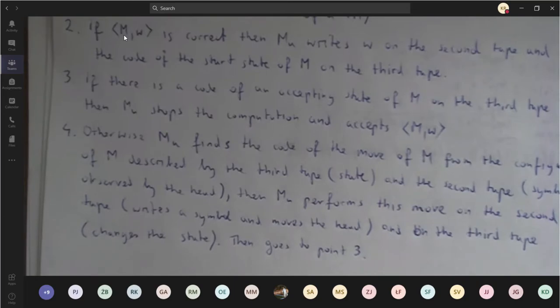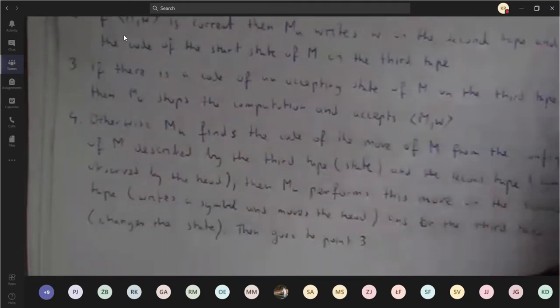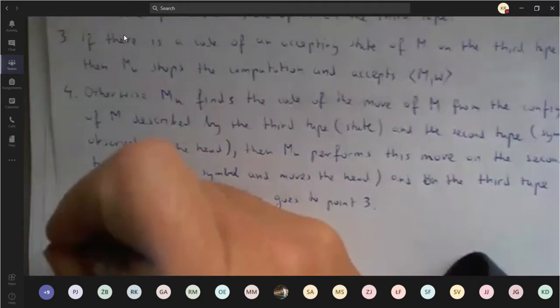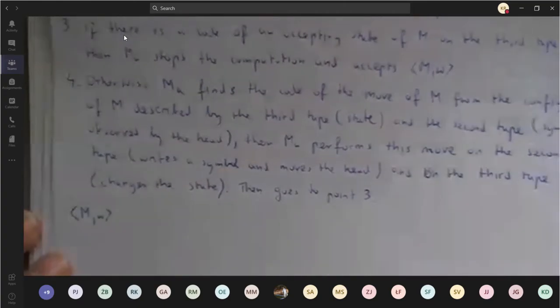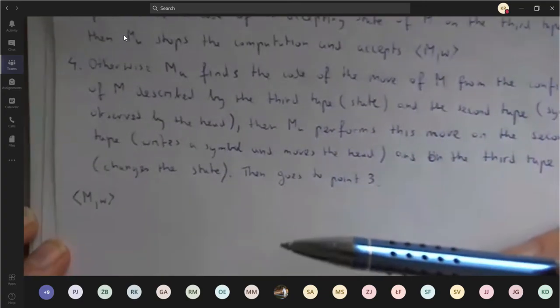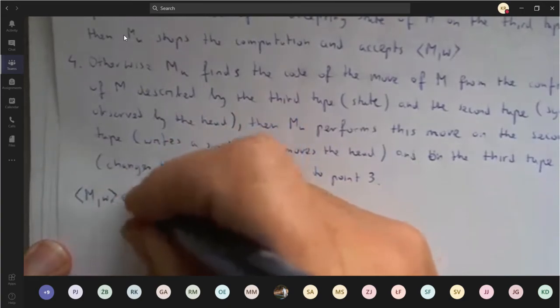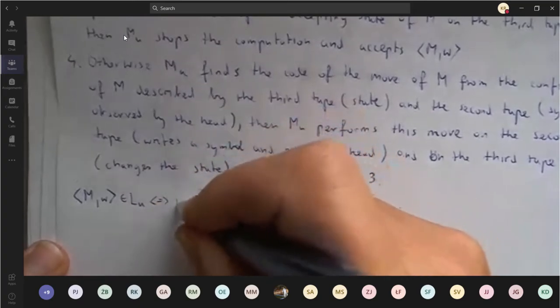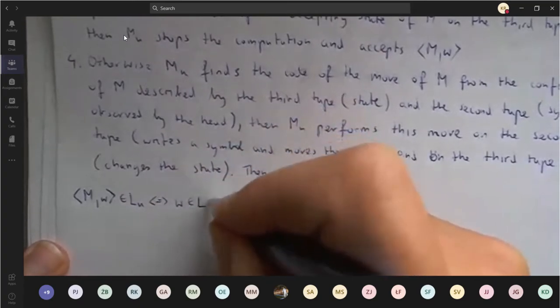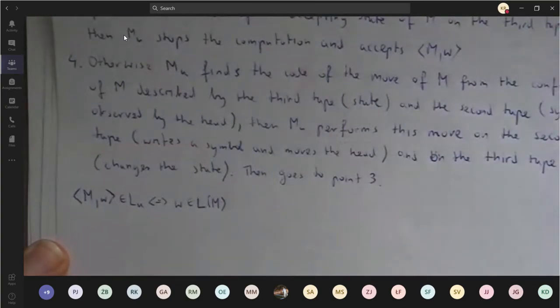Okay, so maybe to sum up this construction, I will write that the input string for MU is accepted, so it belongs to the universal language, if and only if W belongs to the language of M, so it is accepted by M. So this is the definition of the universal language.